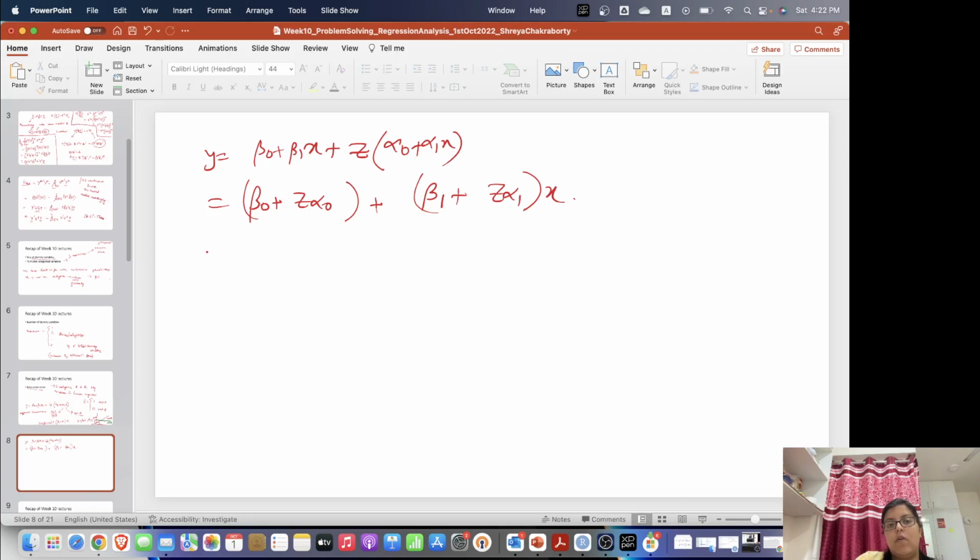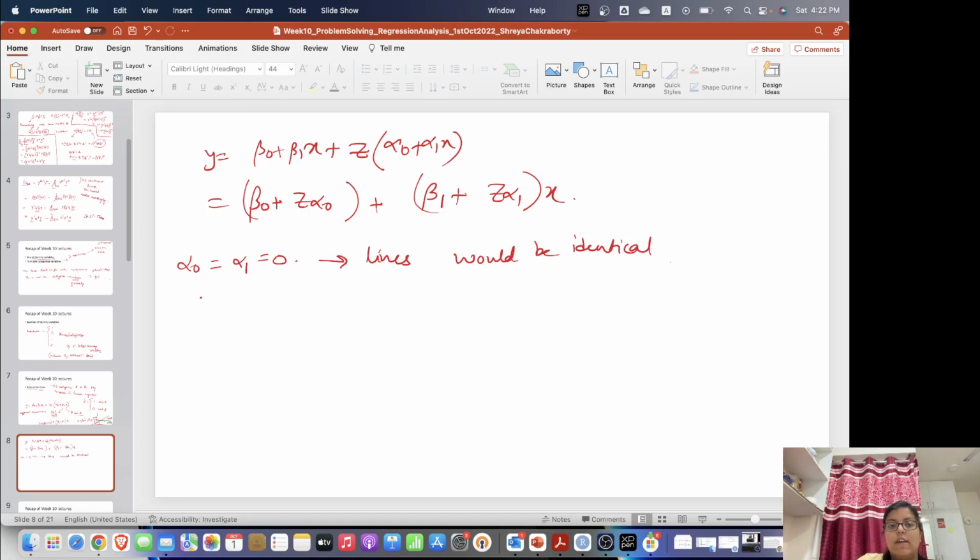Now if we test alpha naught equal to alpha 1 equal to 0, then the lines would be identical. That is, a single line can fit the entire data.